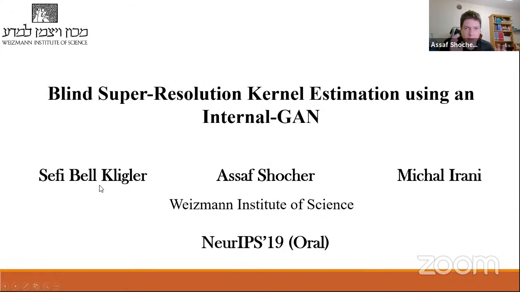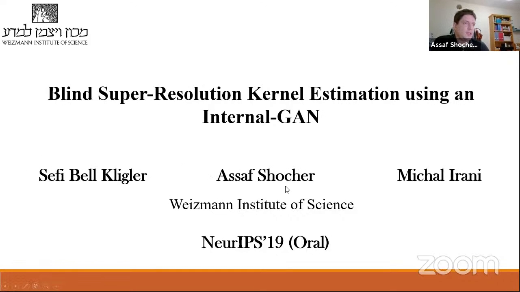So you may remember that in the ZSSR work that I presented, the first one, I mentioned this challenge that is needed to estimate the downscaling kernel for the super resolution. This work is together with Sefi Bell-Kligler, and it was done in our lab, today in a startup called Deci AI here in Israel.